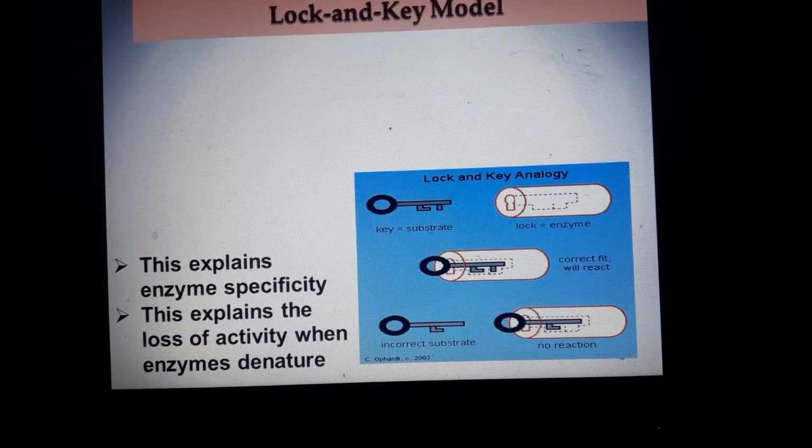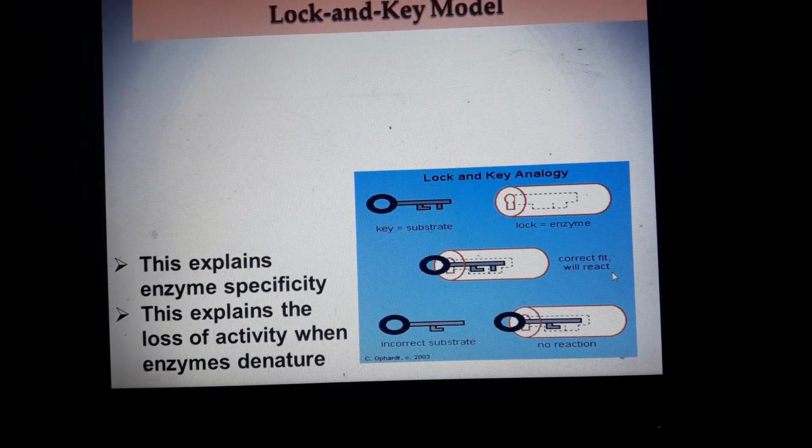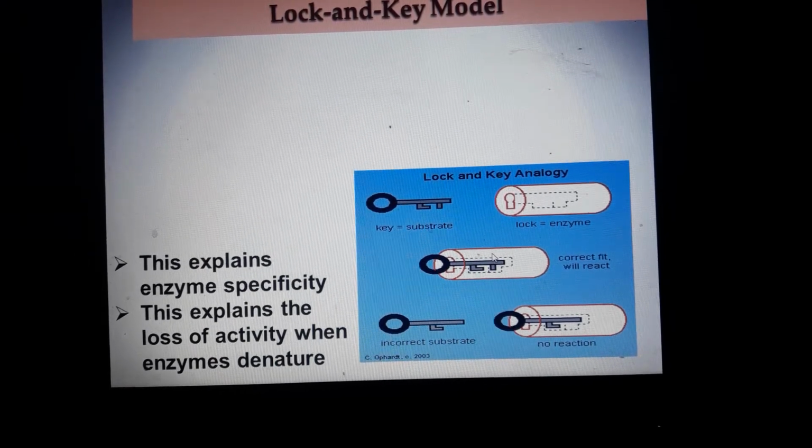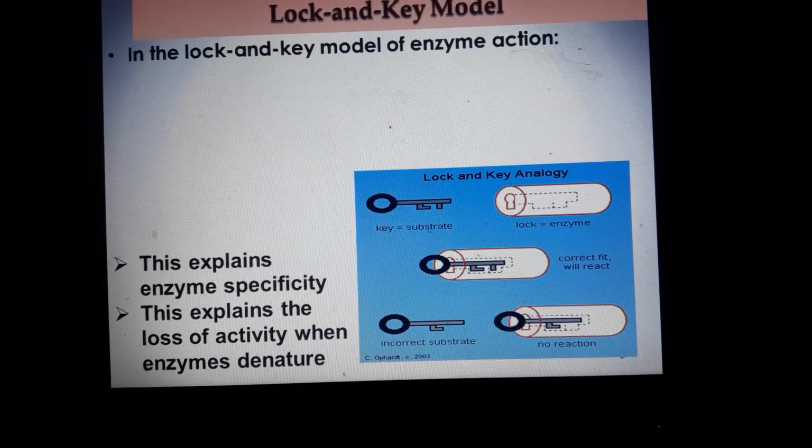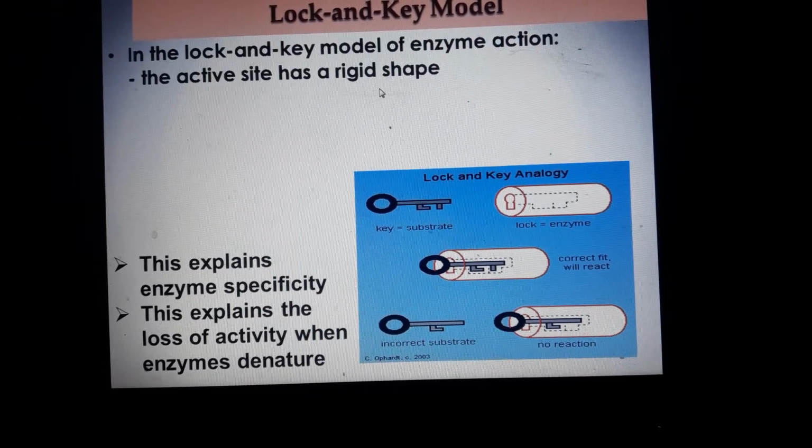So when the key fits the enzyme, then reactions will follow. If incorrect, there is no reaction. So there is what we call lock and key. As long as the substrate fits with that active site, reactions will follow and product will be produced. And take note, enzymes remain the same as usual, and they are reusable. So in the lock and key theory of enzyme action, take note, the active site has a rigid shape.